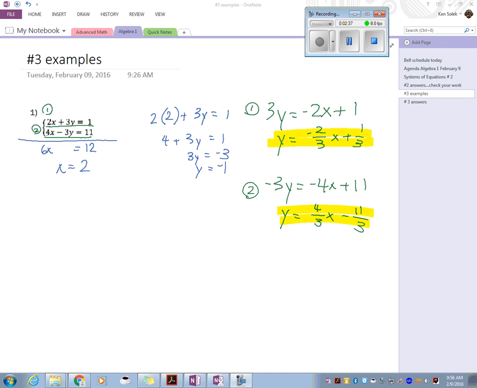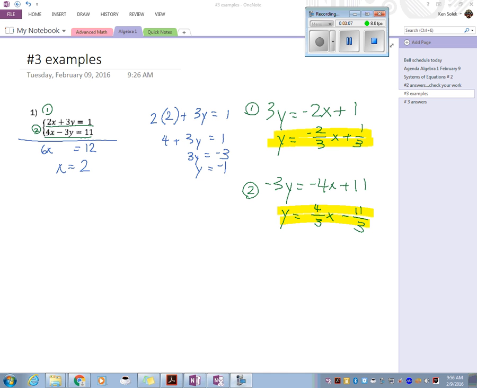Now I'm graphing those. And you can see that the intersection, remember I can count this. It's 2, negative 1. I can count this, or I can intersect it.